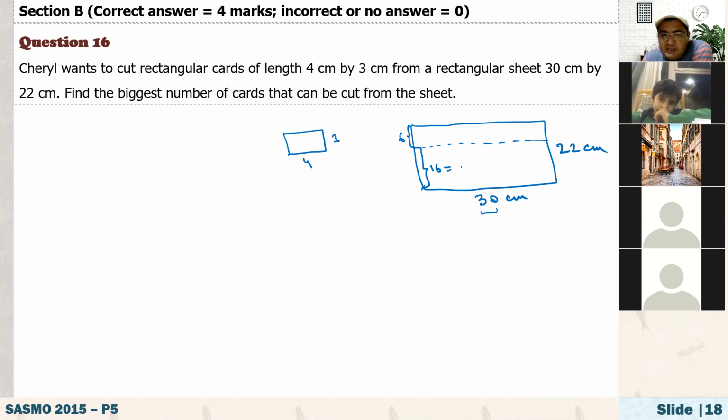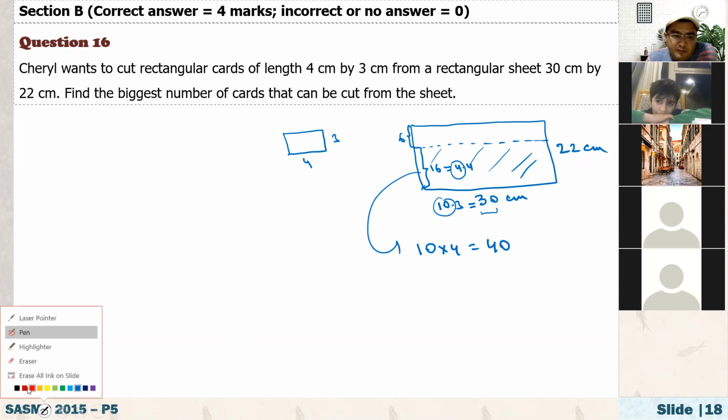So the 16 is equal to 4 times 4, and this 30 is equal to 10 times 3, right? That means I can use all the material from the first part: 4 times 10, I can cut 40 such cards.